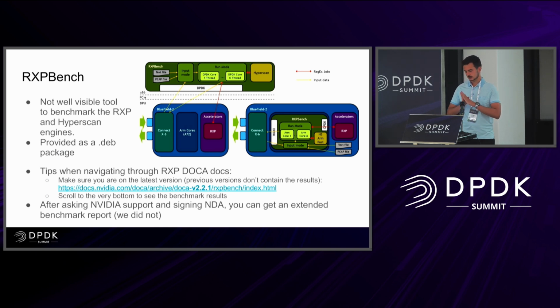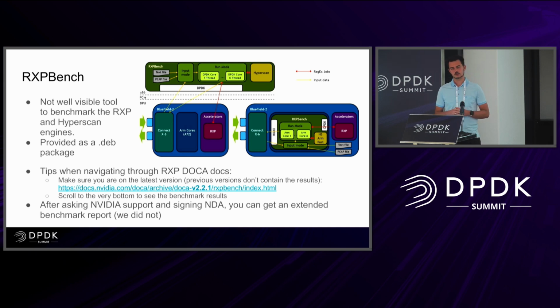With this slide, I would like to highlight NVIDIA's RXP bench tool for benchmark purposes. Personally, I spotted it a bit too late into the evaluation process, but it offers the connection to the RXP accelerator, and the evaluation with Hyperscan, the software variant.